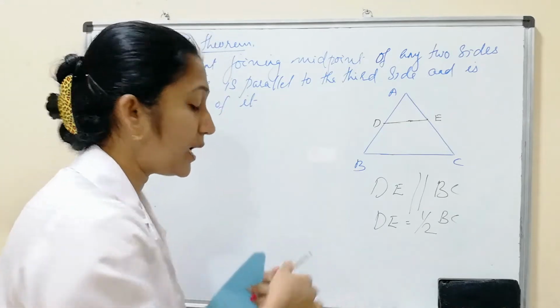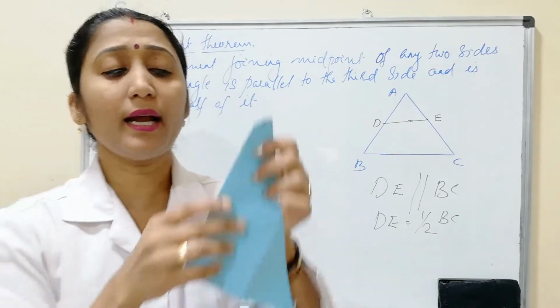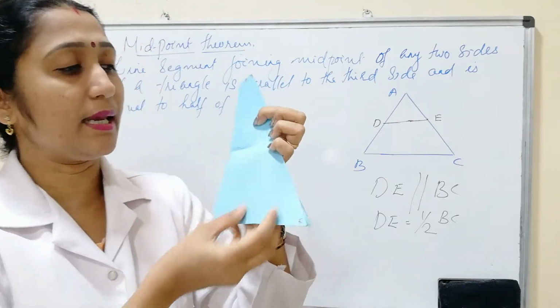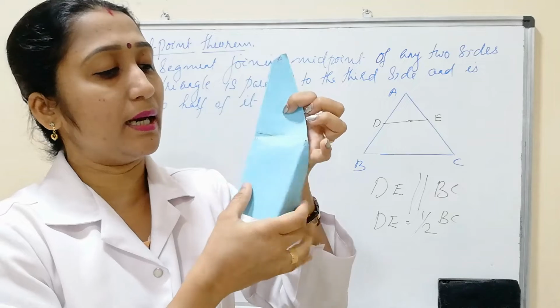So let us see here. If D and E are the midpoints, we can fold this.